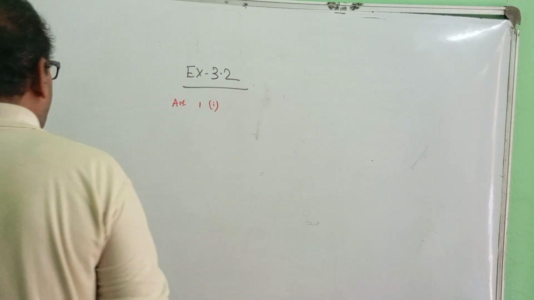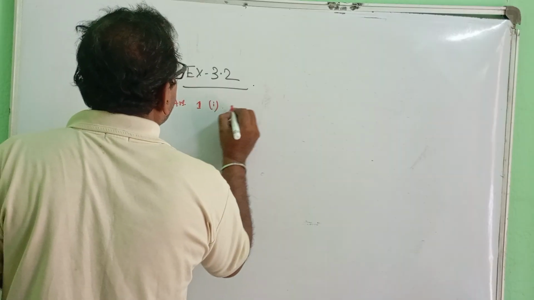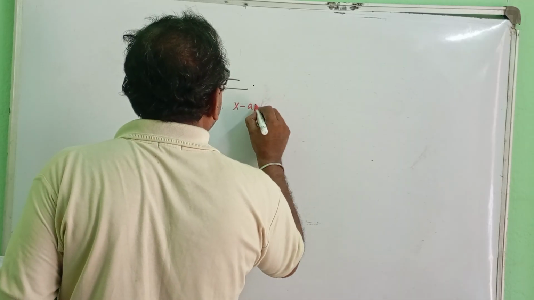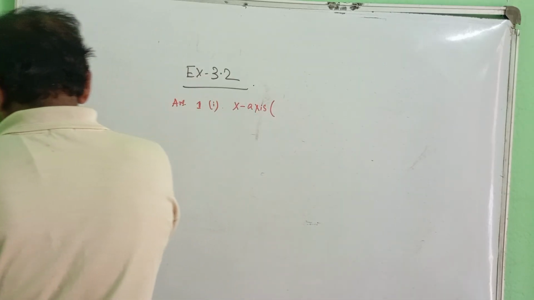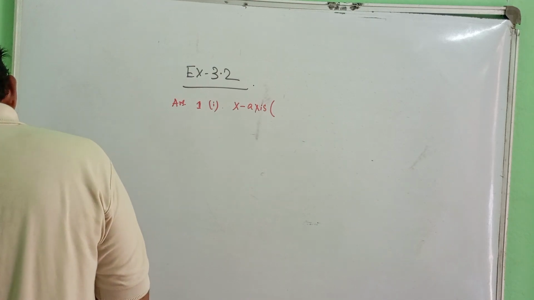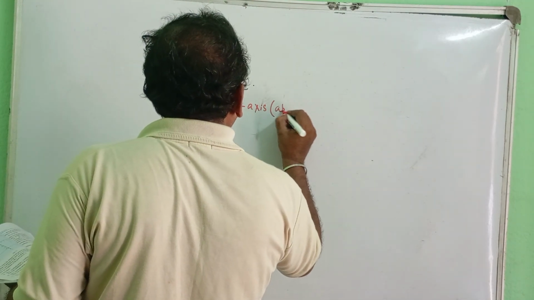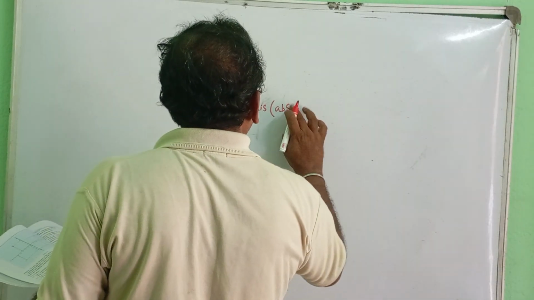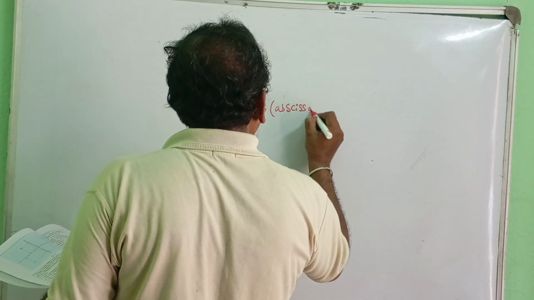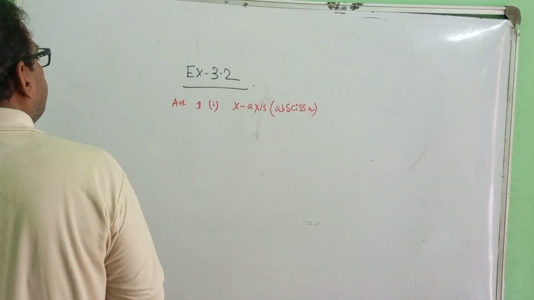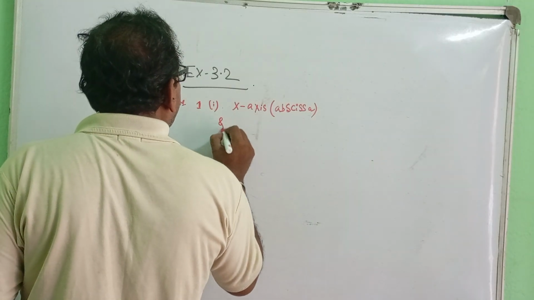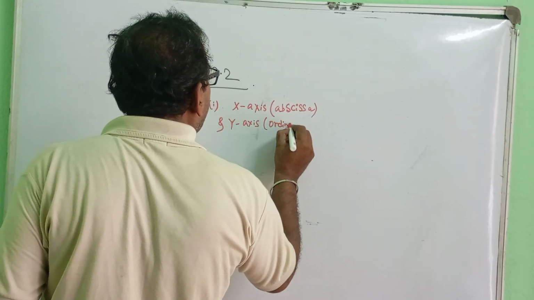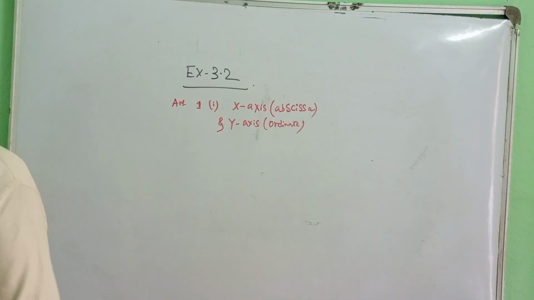The horizontal line is called the x-axis, and the y-axis is the vertical line. The first question is over there.